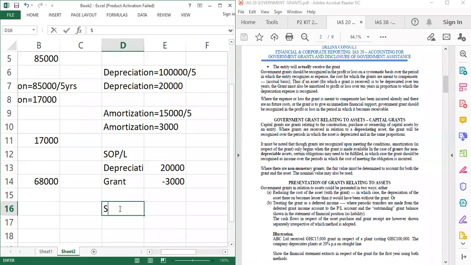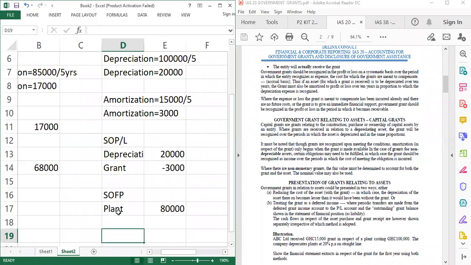Okay. Let's come to statement of financial position. We are going to show plant at what amount? 100,000 less 20,000. Okay, and that will give us 80,000. Am I correct? Yes. So that will be under non-current asset.